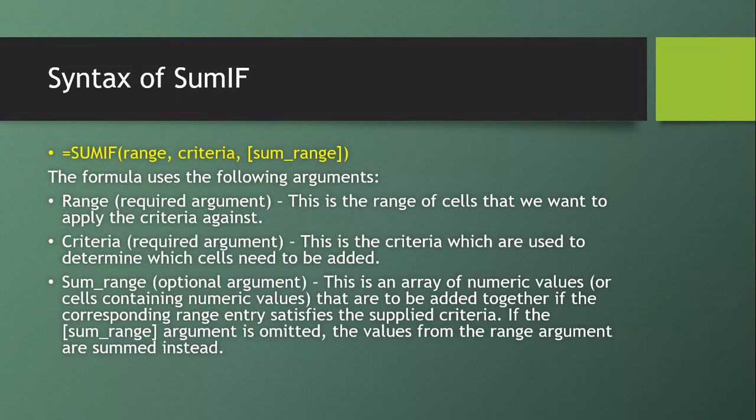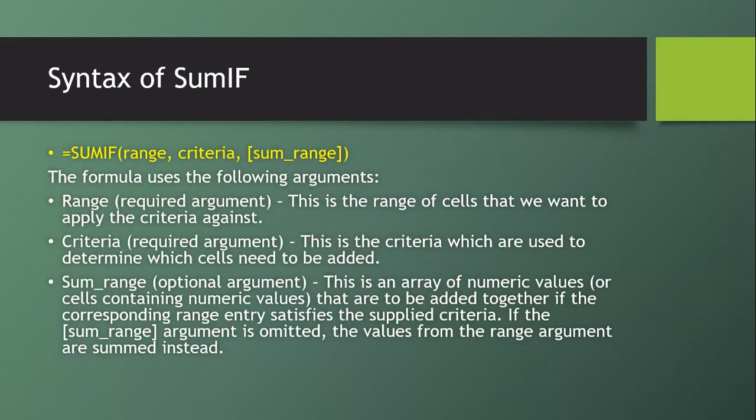When we talk about the SUMIF formula, the formula uses two arguments. First is range, which is the required argument. This is the range of cells that we want to apply the criteria against. Suppose there are sales given to you with some numbers, say 10, 100, 1000, and we can apply greater than 1000: sum all the values which are greater than 1000.